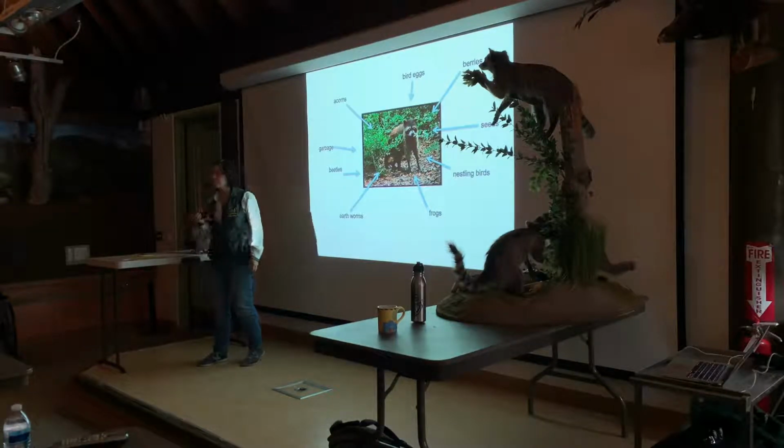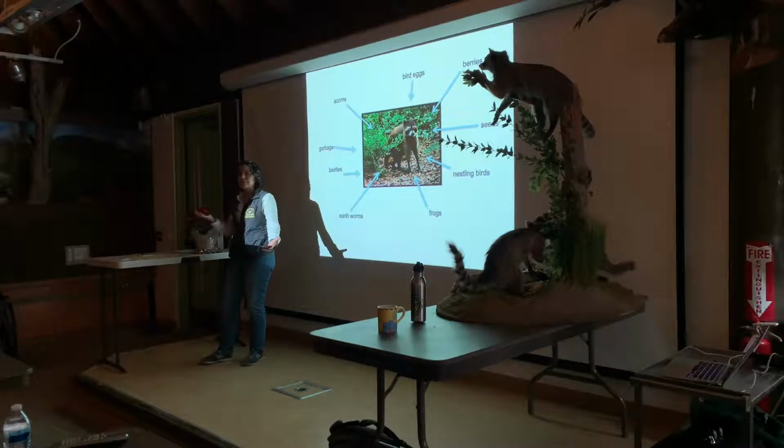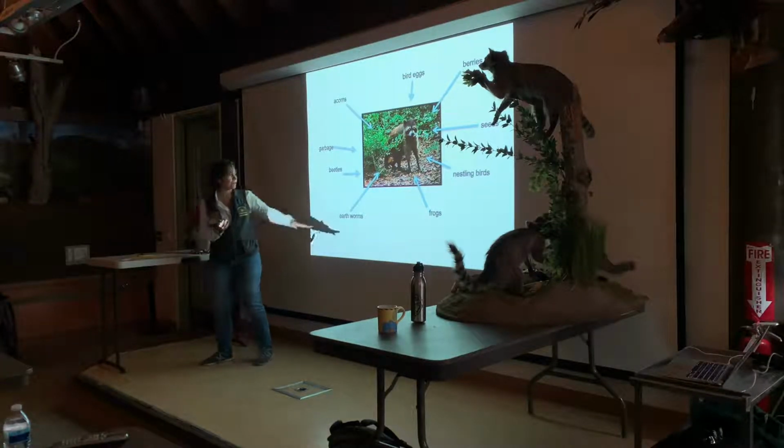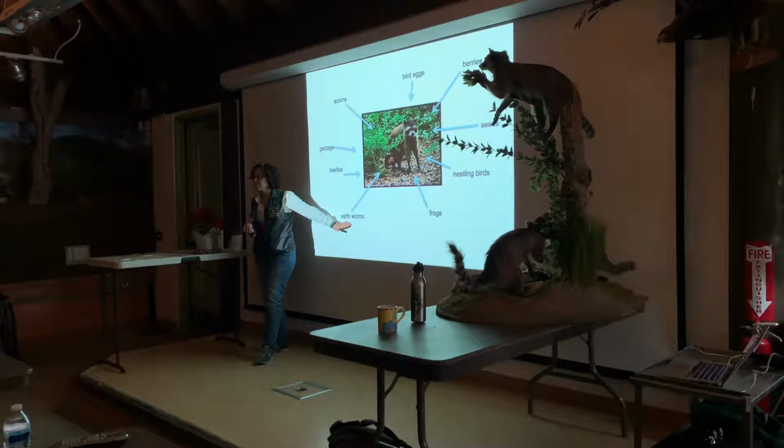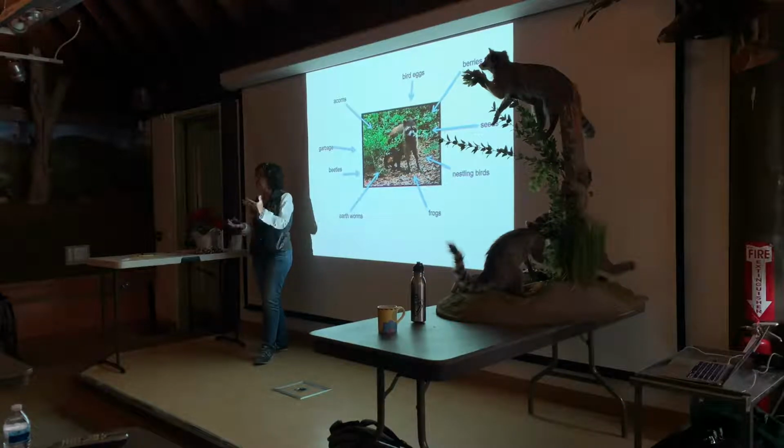Okay. Omnivores are important in the system because if there are a lot of plants and not many animals, they can eat the plants. And if there are a lot of earthworms, they can eat the earthworms. Right? So omnivores can act as a balancing force, right?